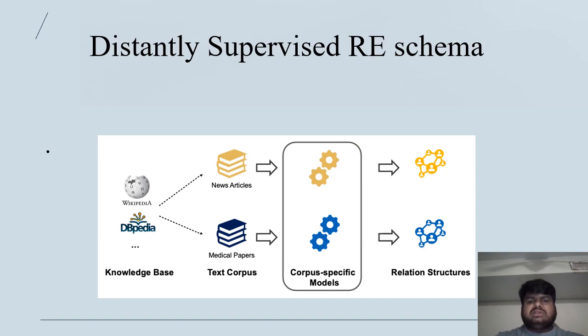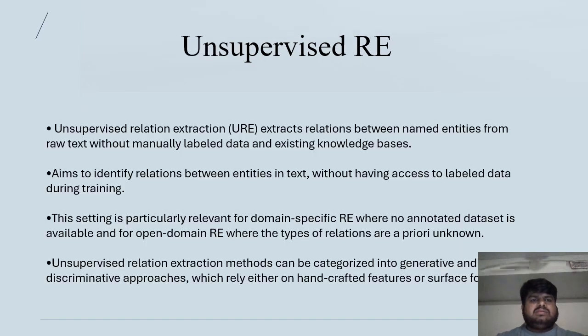The output is a structured representation of relationships, useful for applications like knowledge graphs, information retrieval, and AI-driven decision making. This approach is widely used for NLP, which is natural language processing, knowledge graph construction, and automated information extraction.